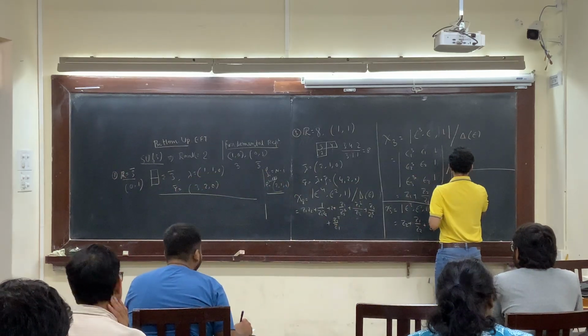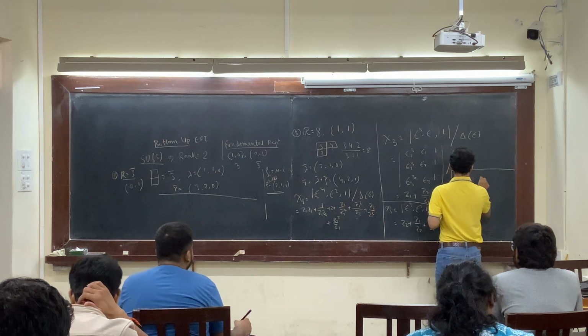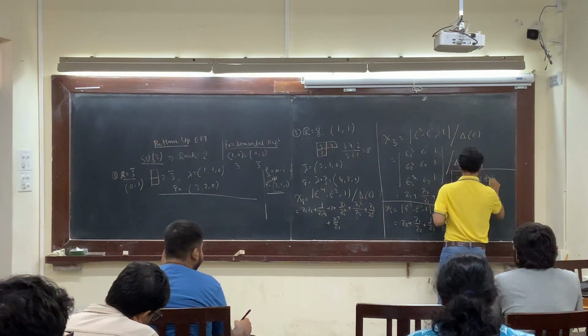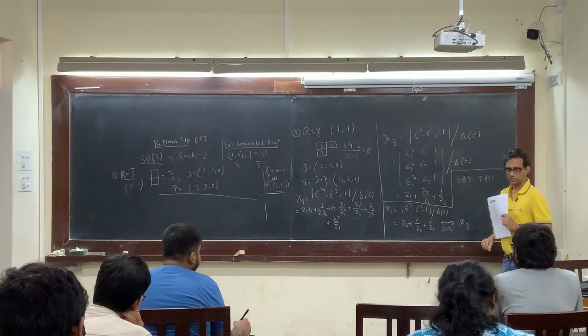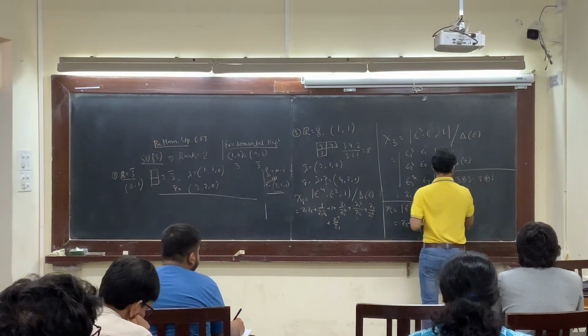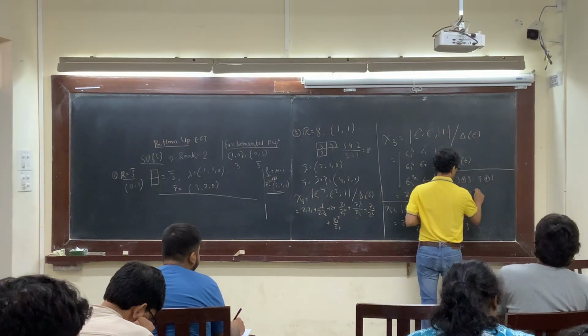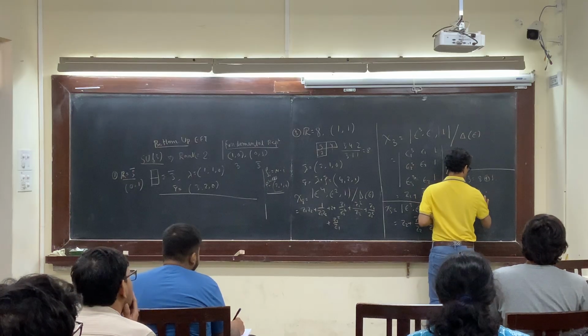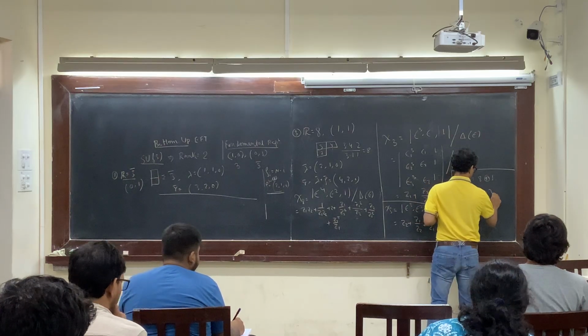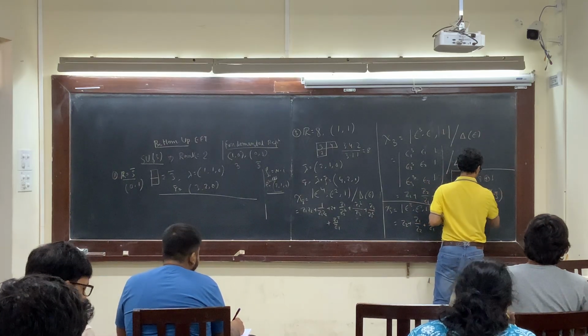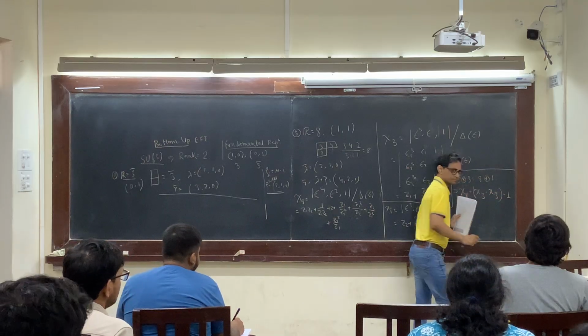For SU3, I know 3 cross 3 bar is 8 plus 1. So I should be able to cross-check that this is chi3 times chi3 bar minus 1.